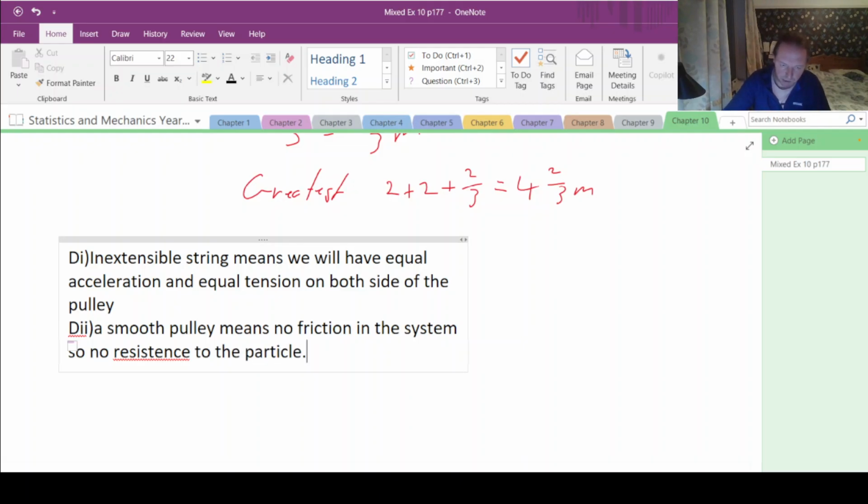Basically free to move, isn't it? Okay, I think that's everything for those ones. So that's that. Same tension in the string, acceleration, both masses equal. Okay, good.